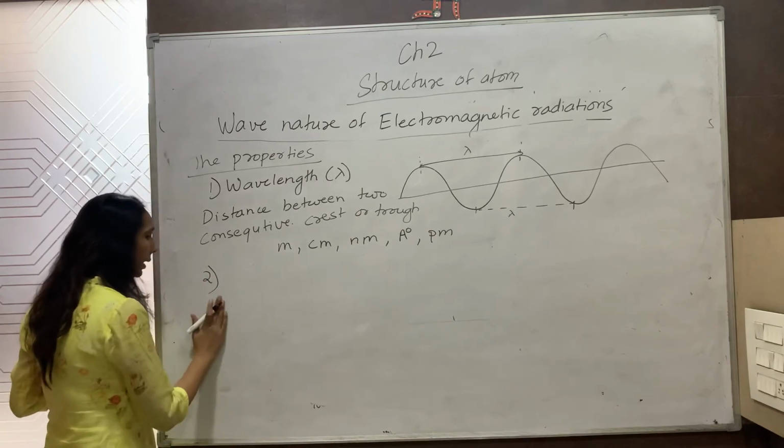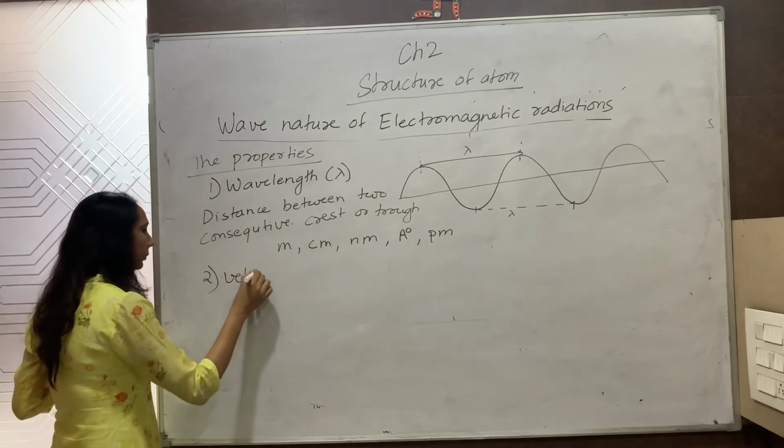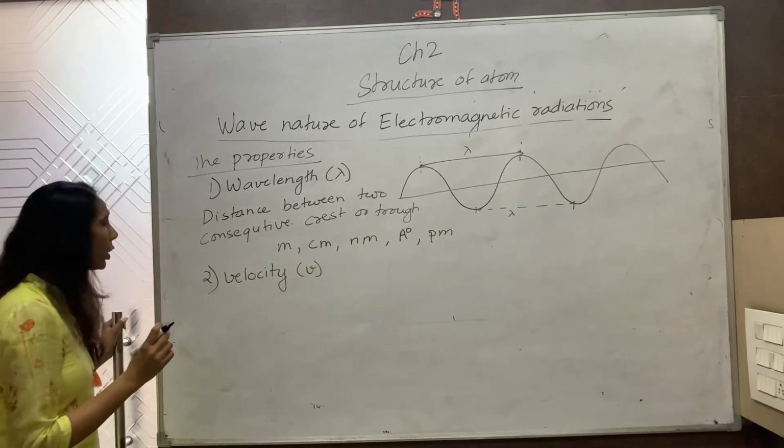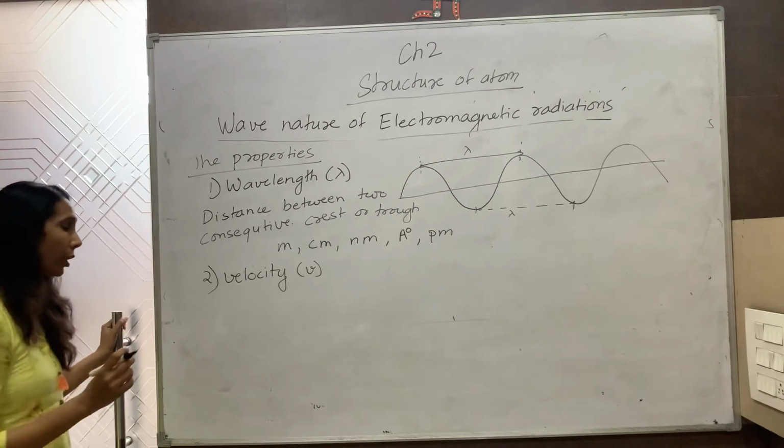Then next is velocity. This is also a very important property of electromagnetic radiations.